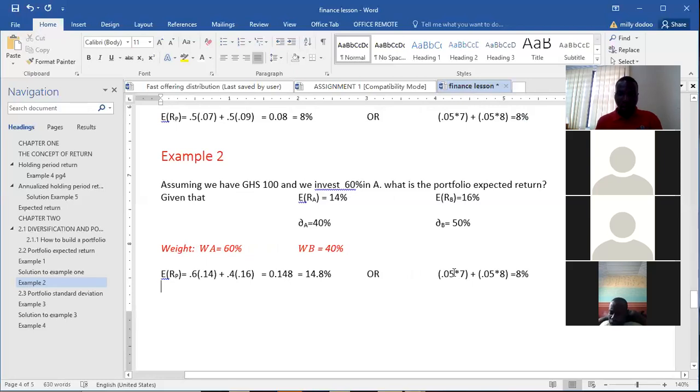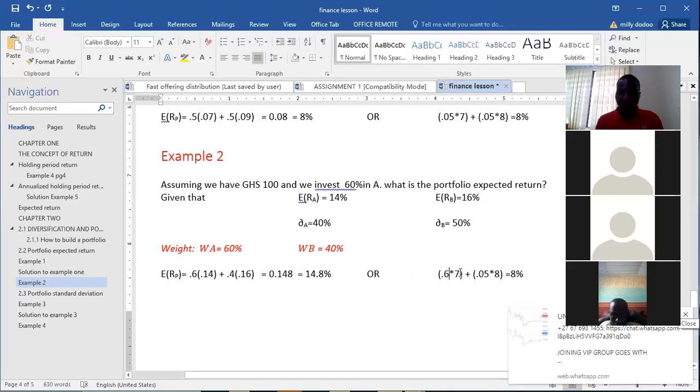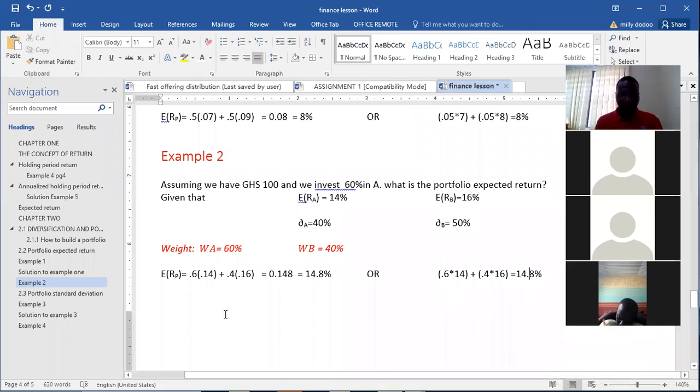Now, somebody can go like this. You say, oh, 0.6 multiplied by the first one, 14, 0.4 multiplied by the 16. So he will get straight away 14.8% as his or her expected return.